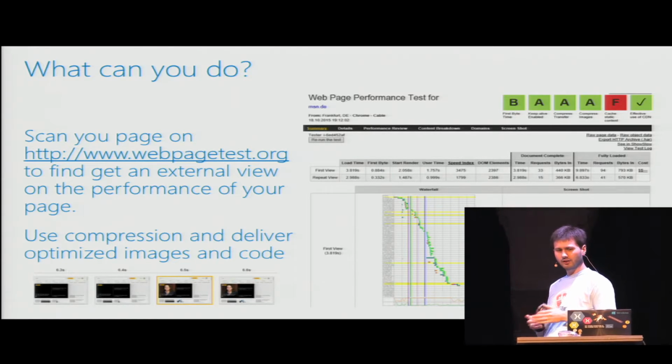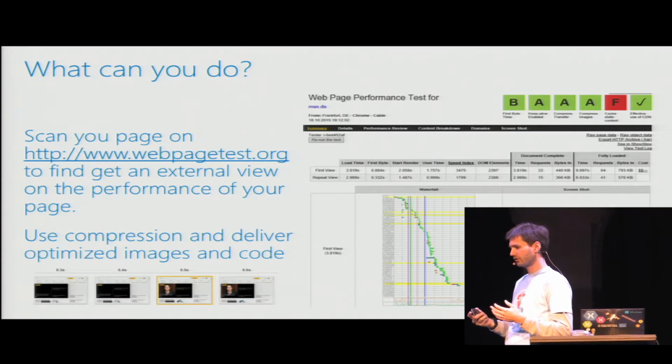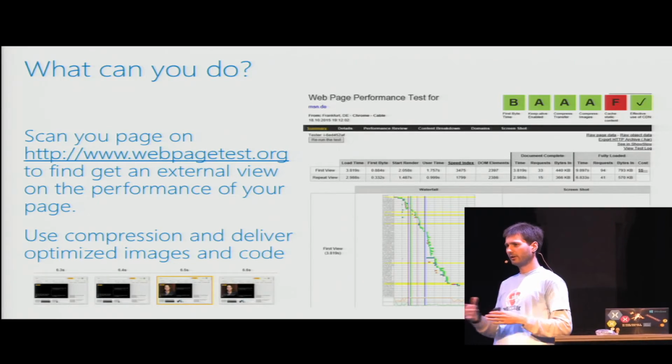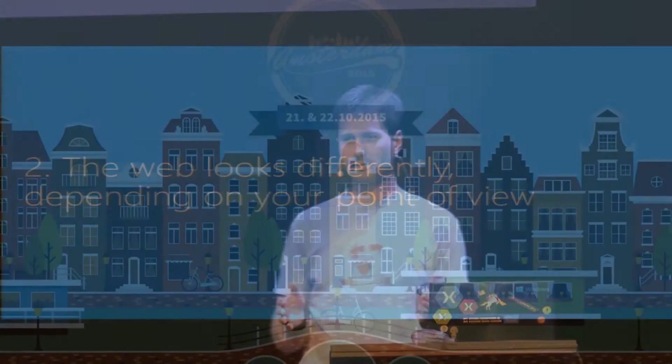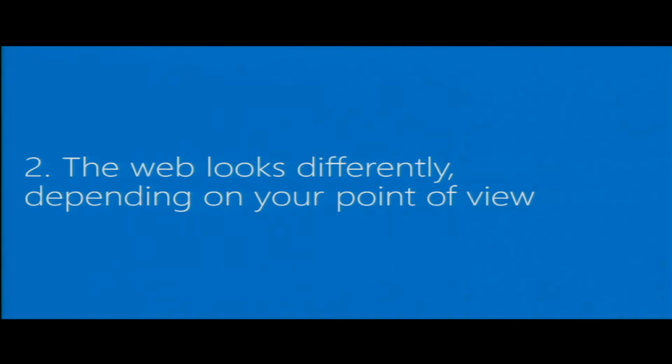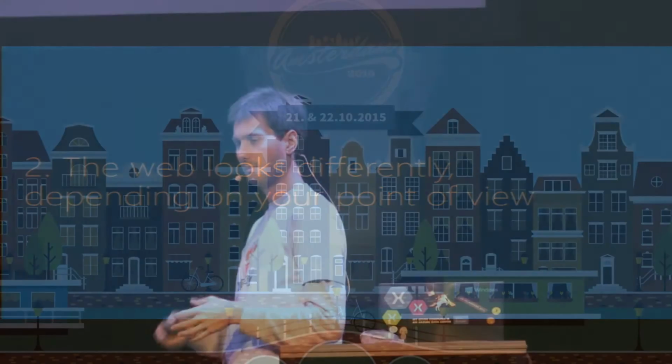But let's go to the second part, which is the part where we as Microsoft come into play. The second part is that the web looks different. We all expect the web to look the same for every user. But when we look at the web from a different point of view, meaning from a different device or a different browser, the same website looks completely different.